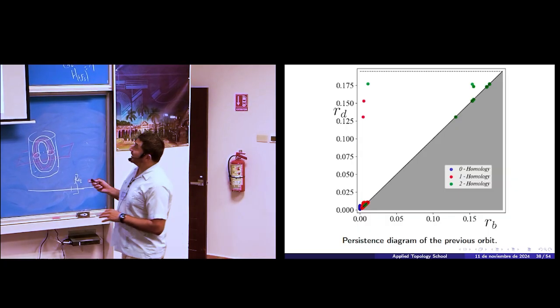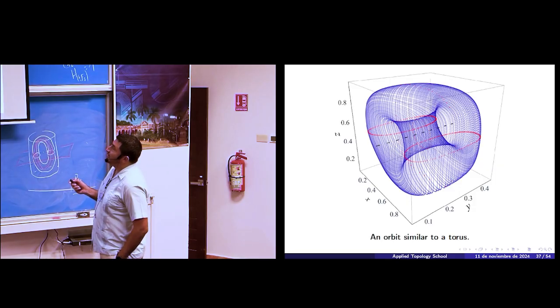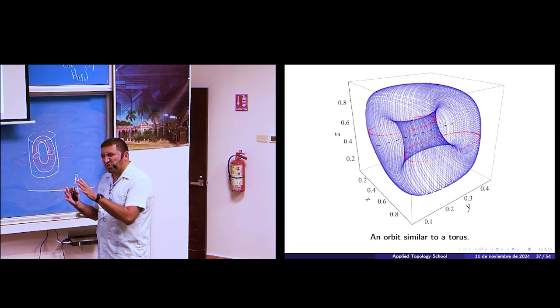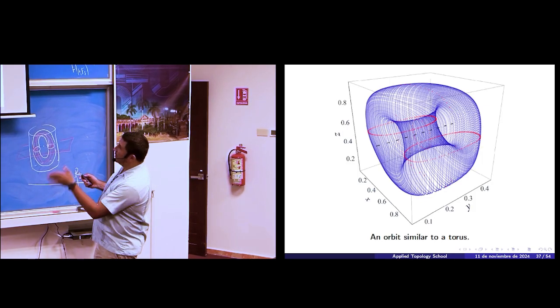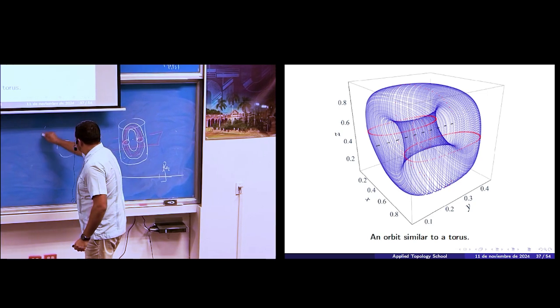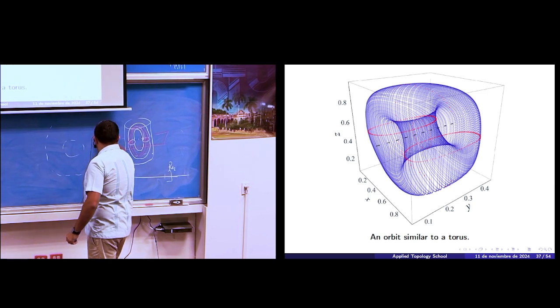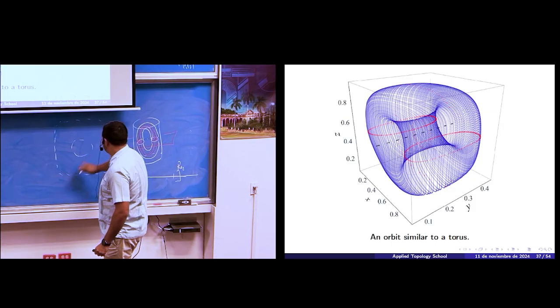Okay, the reason is because this orbit is a torus, but like a square torus, no? And if I cut this torus with a plane, I saw something like this, like a square, because of the container.